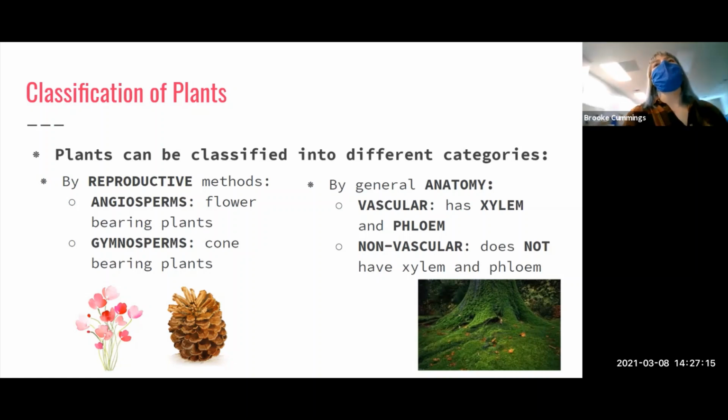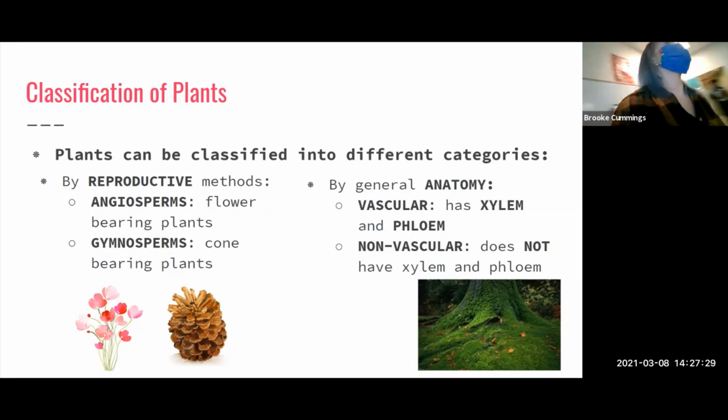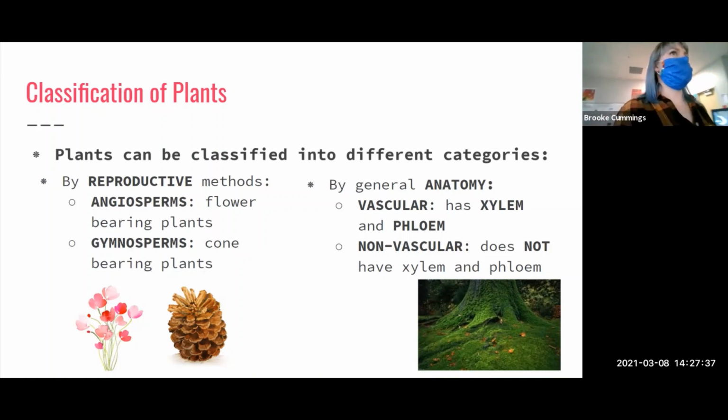So if they didn't have the vascular system, they have to be closer to the ground. Those will be non-vascular plants, more of your ground cover plants, something like moss. They don't have that vascular system, so they can't transport water and they can't bring down nutrients.